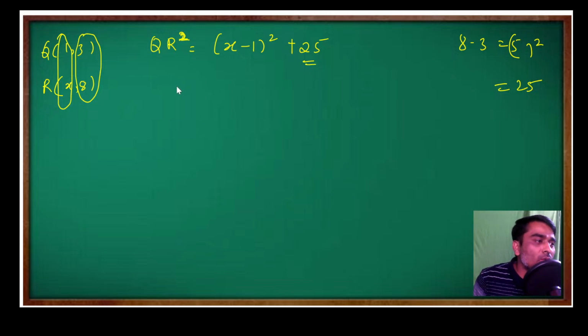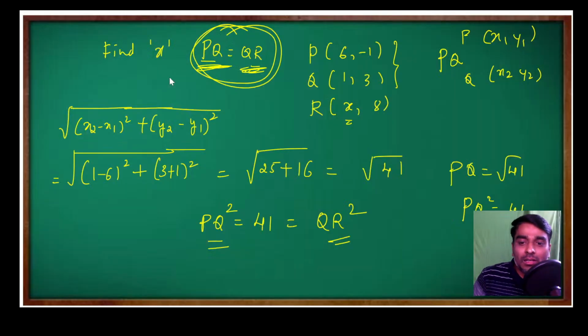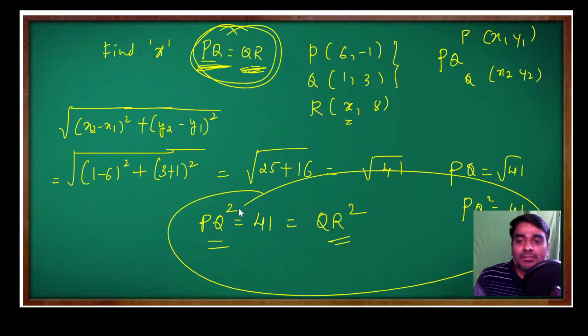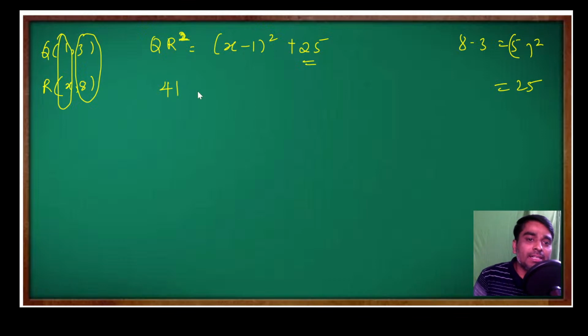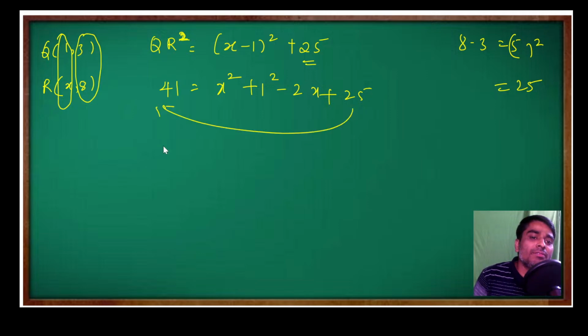Now QR square, you have the number, right? How much did you get? 41. Look here, QR square is 41. Substitute that here. Then expand this using the (a minus b) the whole square formula: x square plus 1 square minus 2x plus 25. Shift plus 25 here. 41 minus 25.